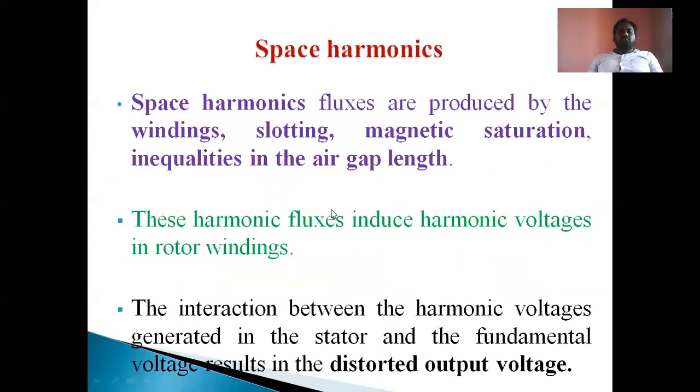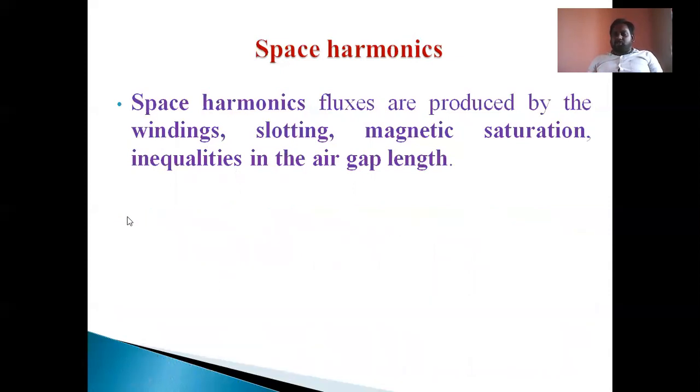That means due to these reasons, slotting, magnetic saturation, inequalities in the air gap between rotor and stator, and also windings, non-linear flux distribution takes place in electrical machines. That's why harmonics exist in electrical machines.